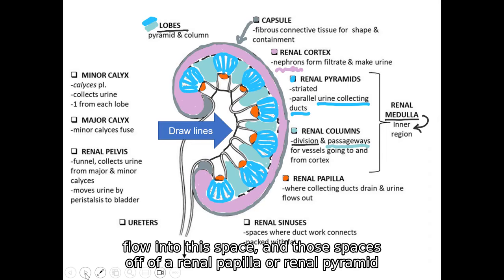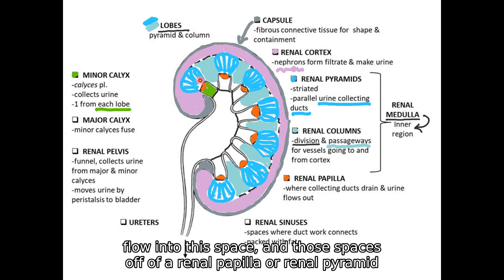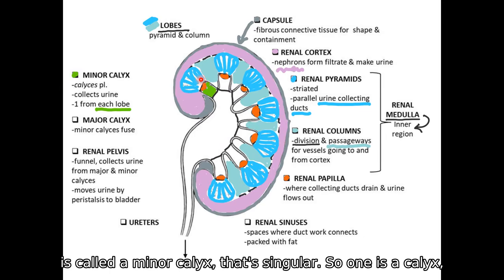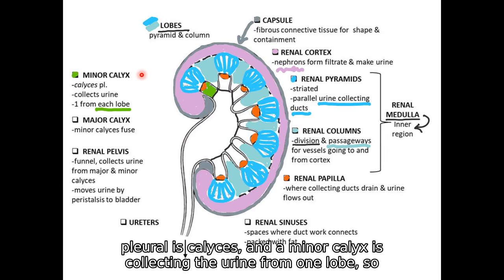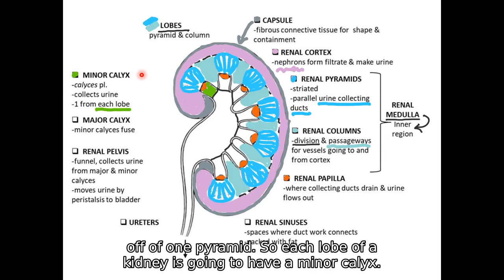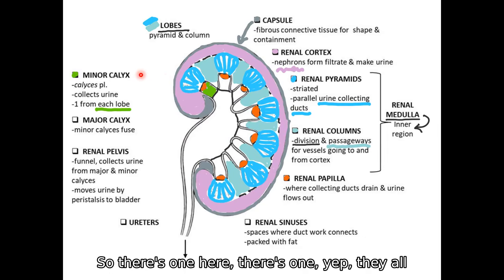And those spaces off of a renal papilla or renal pyramid are called a minor calyx. That's singular. So one is a calyx, plural is calyces, and a minor calyx is collecting the urine from one lobe, so off of one pyramid. So each lobe of a kidney is going to have a minor calyx.